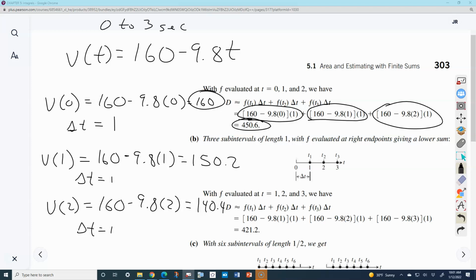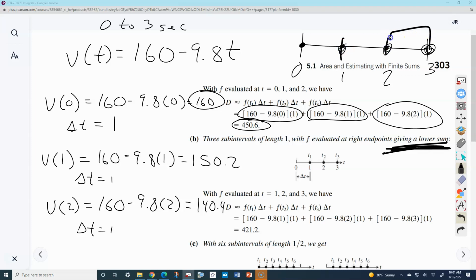And then if you use a right-hand rule, then instead of using the points at 0, 1, and 2 for that whole interval from 0 to 3, we're going to use 3, 2, and 1 because we're using the right-hand process.